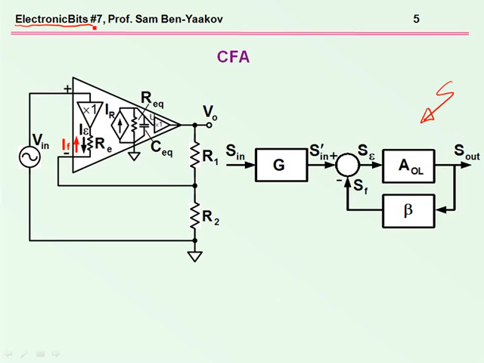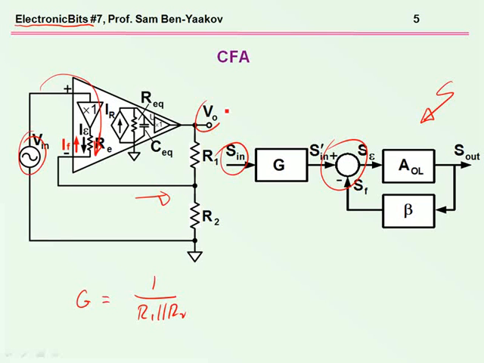Now in this case, G is the transfer function between the input and the summing point, and in this case it will be between the input voltage and the current flowing here in this resistor. So G in this case will be equal to 1 over R1 in parallel to R2, and this is as we look here. Of course in this case V out is assumed to be 0, plus in fact RA.